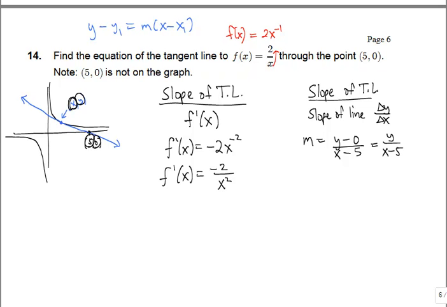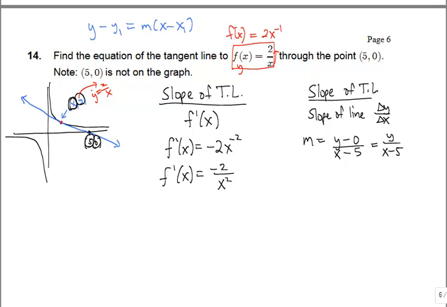Sure, we know that since this point right here, that point of tangency, is on this function, there is a relationship between that x and y that's just determined by this formula. According to this formula, f of x, otherwise known as y, is always equal to 2 over x. So this y coordinate would have to be 2 over whatever x is.